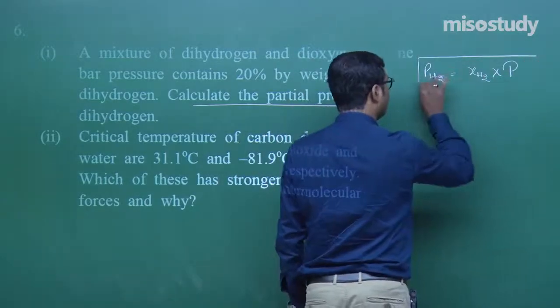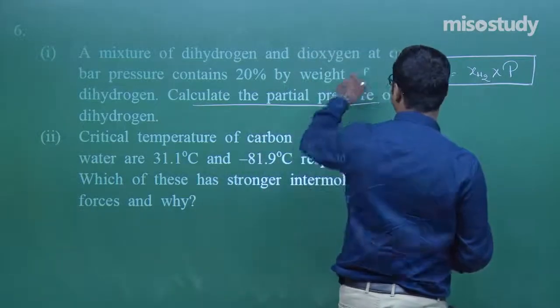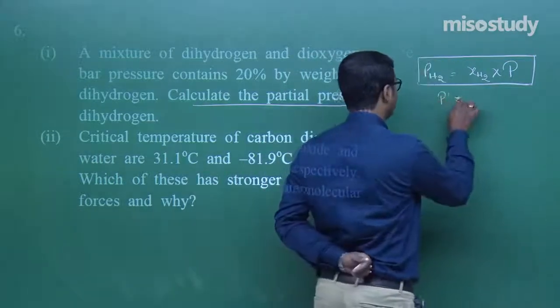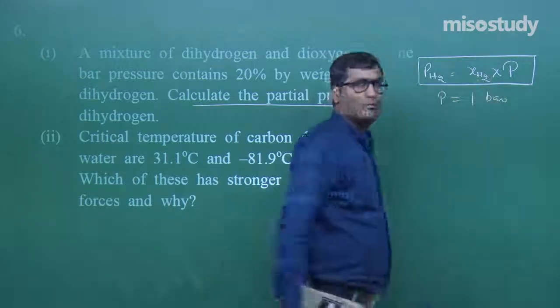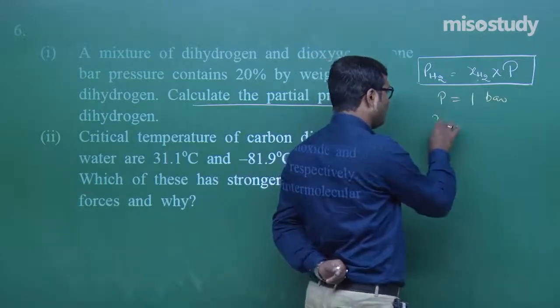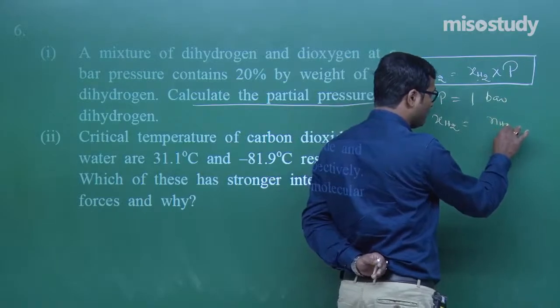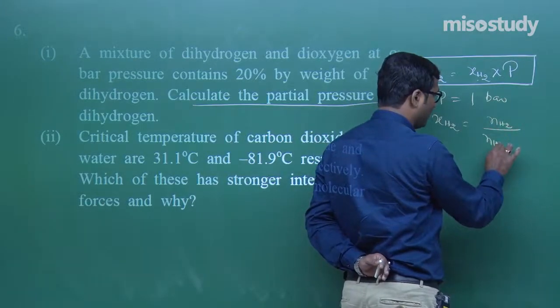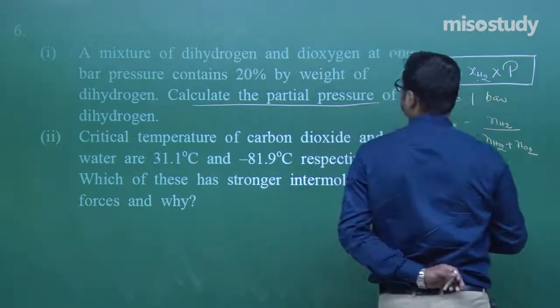This is the formula. Total pressure is given as 1 bar, but we do not know the mole fraction of hydrogen. Mole fraction of hydrogen will be equal to number of moles of hydrogen upon number of moles of hydrogen plus number of moles of oxygen.